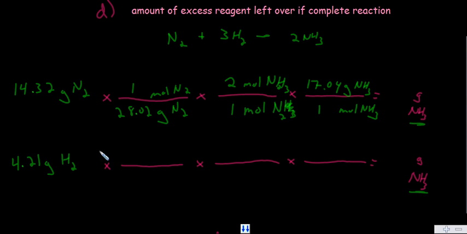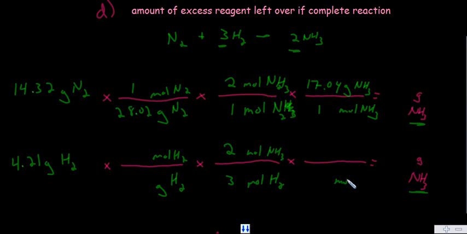And you can do pretty much all of the same things with H2, going grams of H2 into moles of H2, and then mole ratio of NH3 to H2. We see we have a 2, again, as our coefficient in front of NH3, and a 3 as the coefficient for H2.